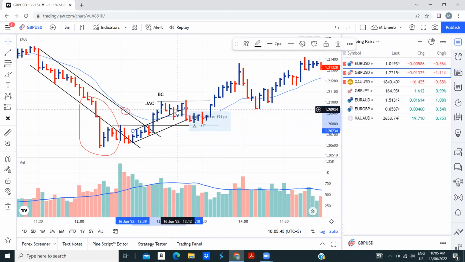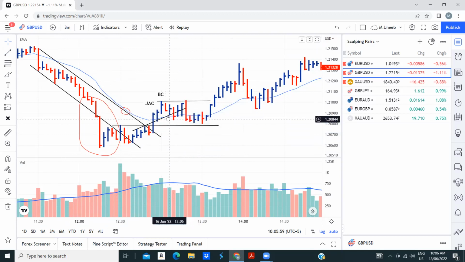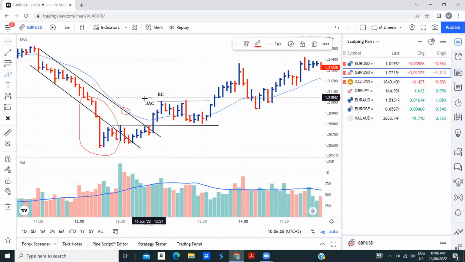You have to see the context: if the price is breaking from the distribution structure, you cannot call it distribution. We only determine whether it is reaccumulation or distribution by this move, JAC and overbought.